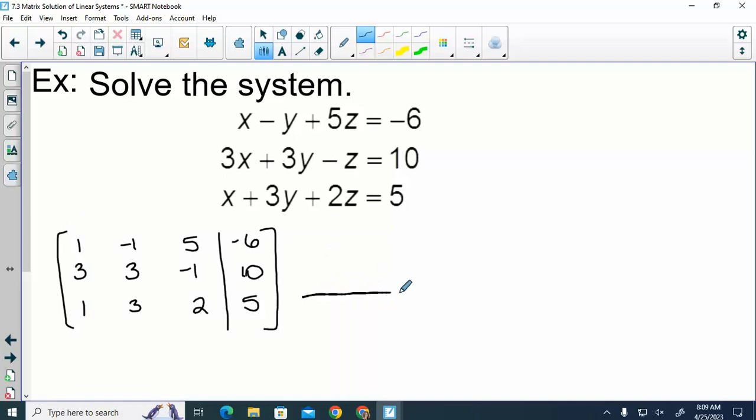So, first step, we need a 1 in row 1 column 1, and we already have it. Second step, we haven't had this before where there were other multiple rows, but we need all of those to be zeros, right? To get that, I have to change row 2.